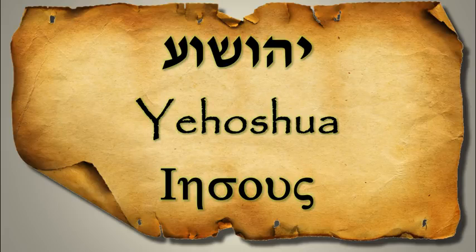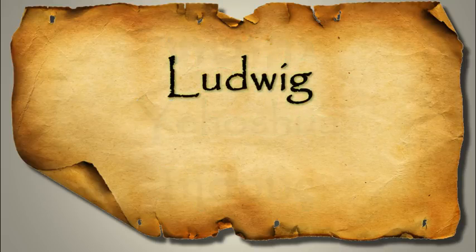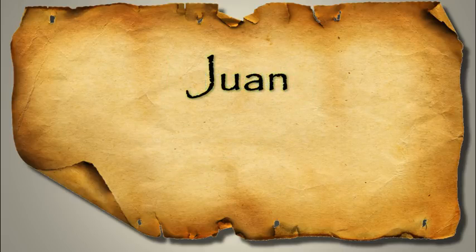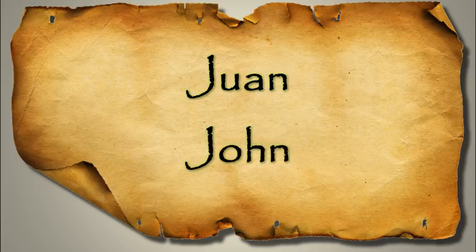It is common for names to shift and evolve when transferred from one culture to another. For instance, the German name Ludwig is Louis in France, and the Spanish name Juan is John in English-speaking countries.